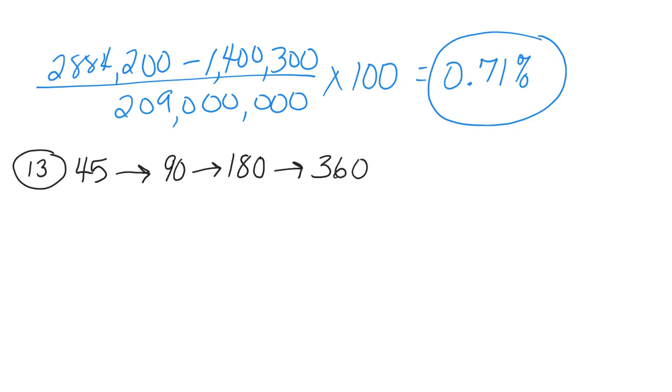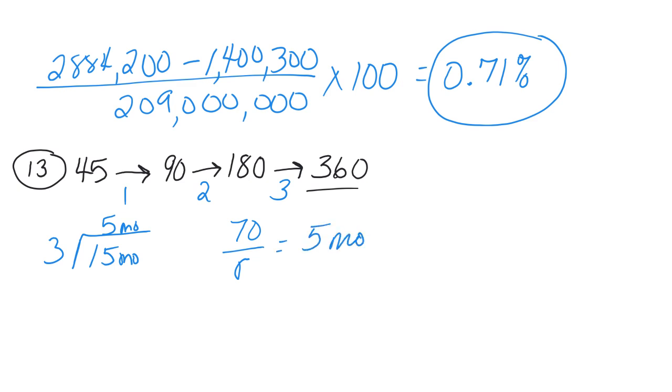All right, cool, because the question asks us how long till 360 people. So we double once, twice, 3 times. Great, all right. And now what do we do? Well, it said this happened over 15 months. So for 15 months, we doubled 3 times. So it looks like we doubled every 5 months. Okay, so it's 5 months to double. So 70 over R is equal to 5 months.